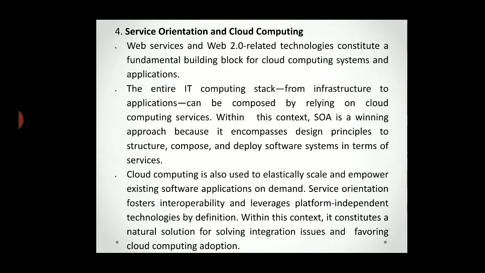Cloud computing is also used to elastically scale and empower existing software applications on demand. Service orientation fosters interoperability and leverages platform-independent technologies by definition. With this context, it constitutes a natural solution for solving integration issues and favoring cloud computing adoption.